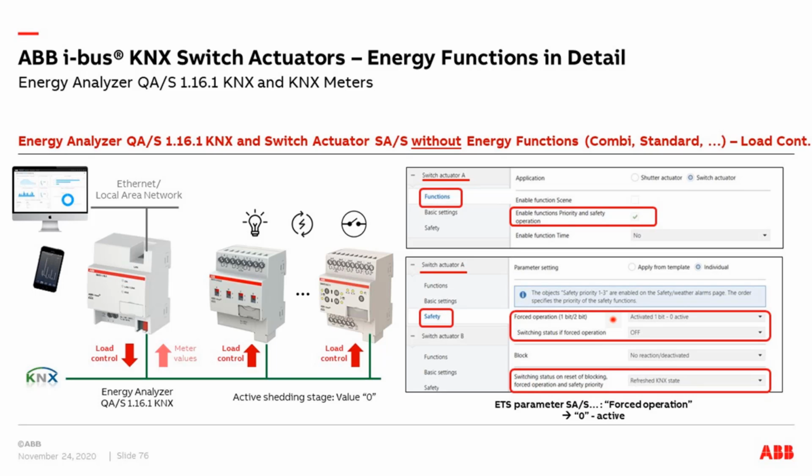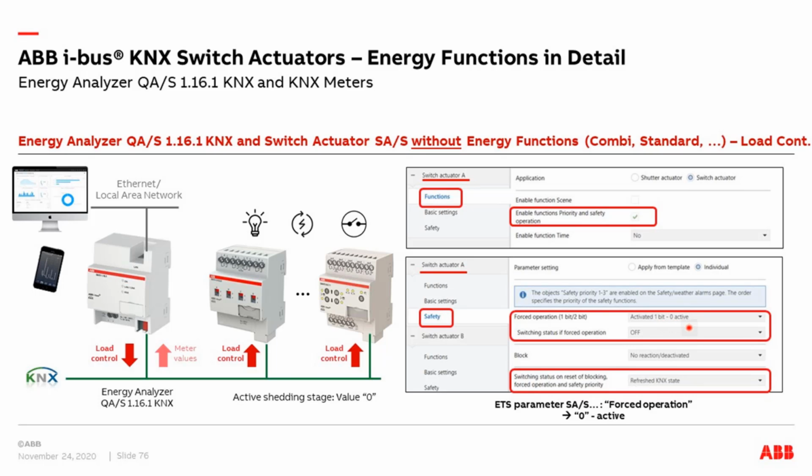The 2-bit was from the beginning of the EIB system, but today we use the 1-bit. So here you set activated 1-bit, but 0 active. This is important. Now we have here our 1-bit telegrams, and if the shedding stage is deactivated, so we are below our limit, the value here is 1 because everything is good. And now when it sends out shedding stage number 1 via 1-bit telegram, then this value is 0. That's why we have to select here the parameter 0 active.